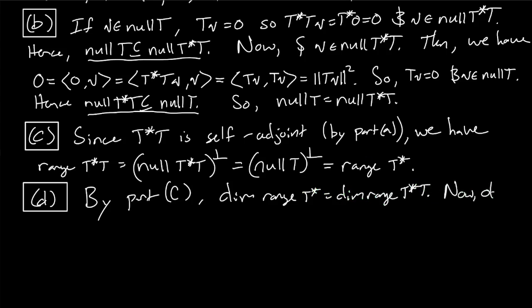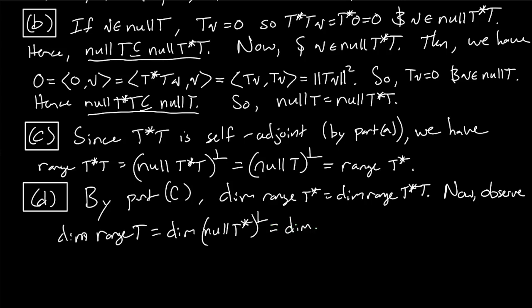Now, observe the following. The dimension of the range of T, well, I certainly claim that that is the dimension of the null space of T star's orthogonal complement. Just range of T is equal to the null space of T star's orthogonal complement. Nothing crazy. Okay, but hey, wait a second. We know what the formula for the dimension of this thing is. It is the dimension of everything remaining in W except for the piece that lives in T star.